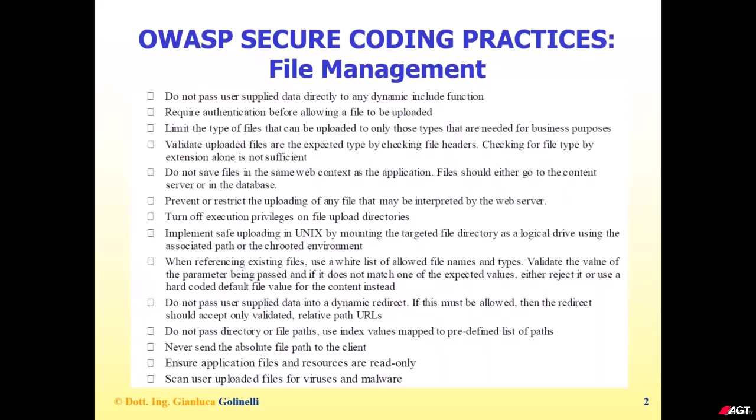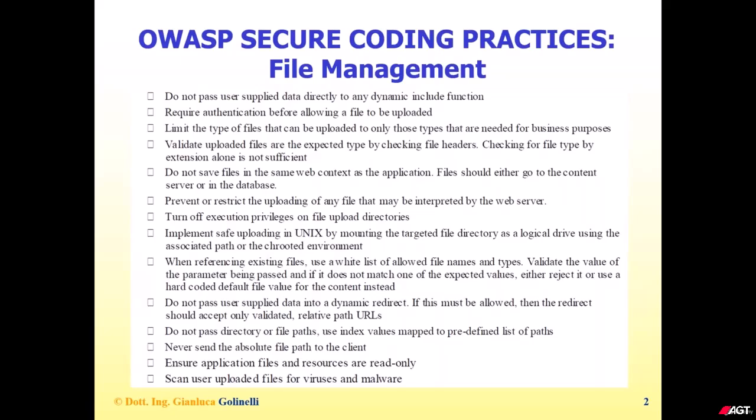Unvalidated file upload is a very critical vulnerability for web applications, since if present, it allows an attacker in a very short time to upload, for example, a web shell on the server and take possession of it. The remedies in the management of uploaded files are reported in the best practices of the slide.